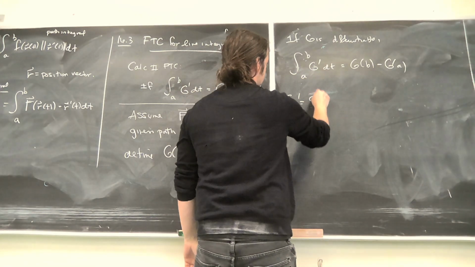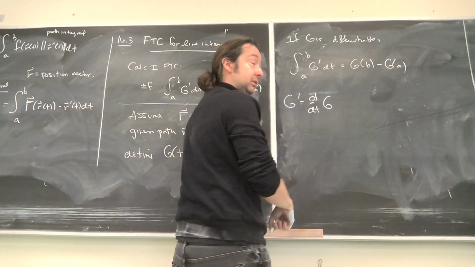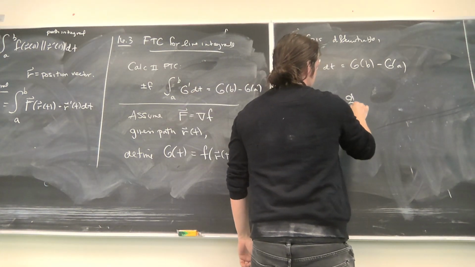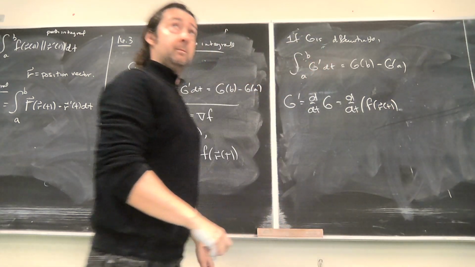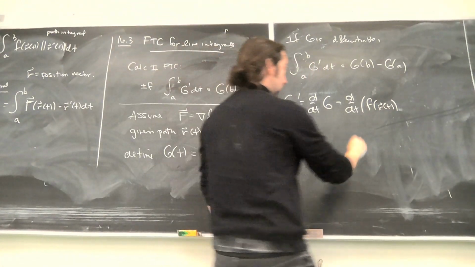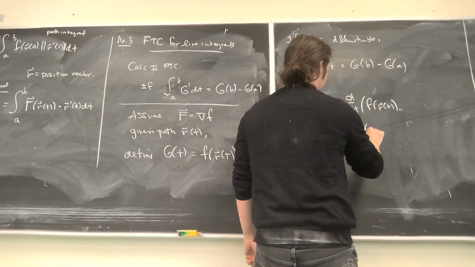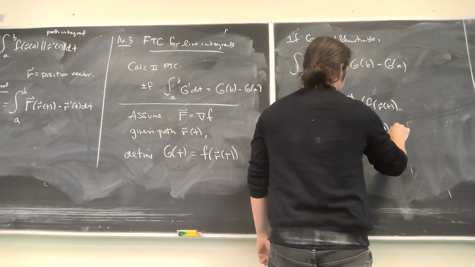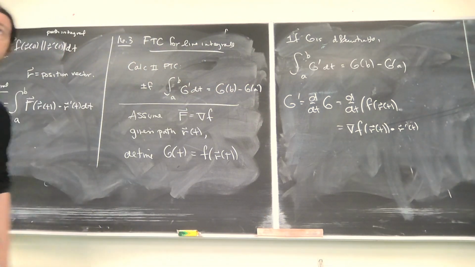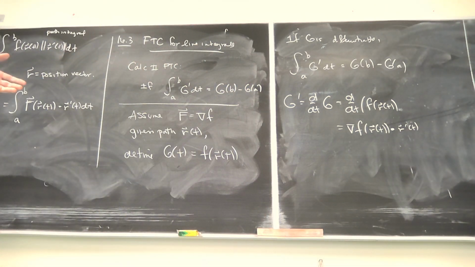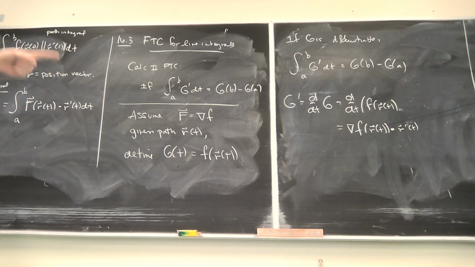g prime is equal to d by dt of g, which is d by dt of f of r of t. And the chain rule says that's equal to the gradient of f at r of t dotted with r prime of t. So the chain rule applied to this scalar field gives you g prime.